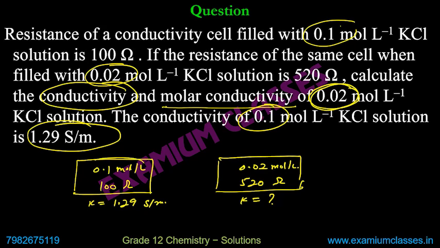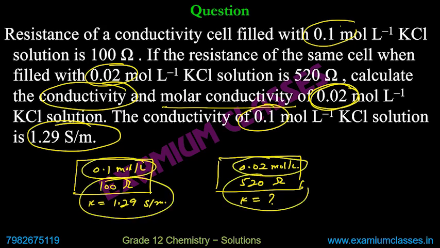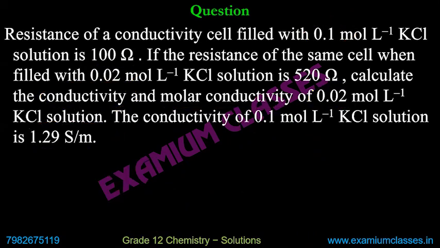We didn't require this thing here. We know the relationship between these two. Cell constant is kappa into R. Out of these four, only one was unknown. We calculated that. Now for the second part, molar conductivity.